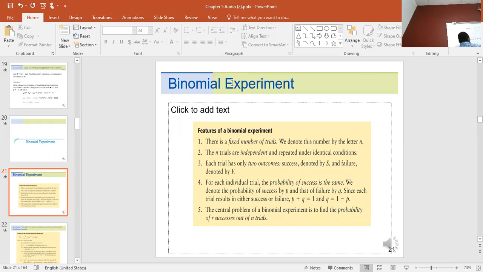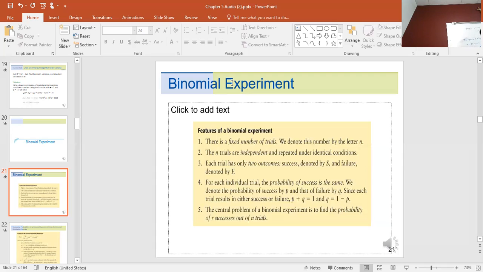If X is a binomial distribution, then the probability that X is equal to a number r is n combination r times p to the r times q to the n minus r, where q is 1 minus p.